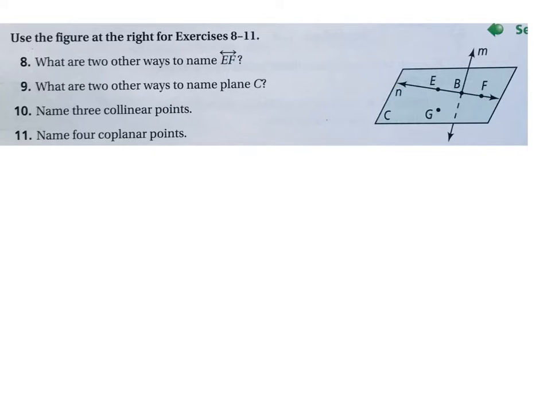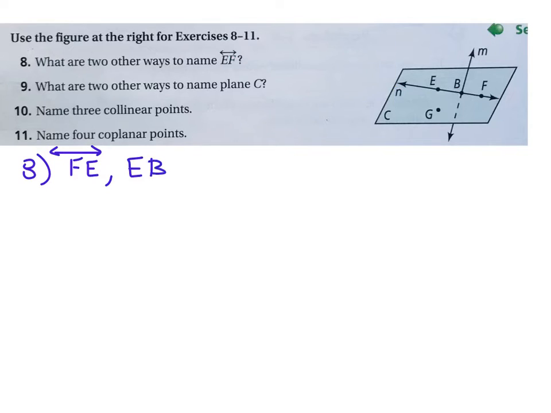So for number 8, let's take any 2 points that are on the line and name it. Instead of EF, we could just reverse them and call that line FE. We could also use the B in there.